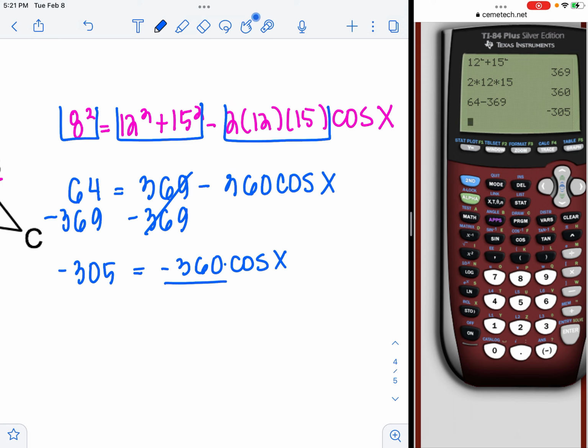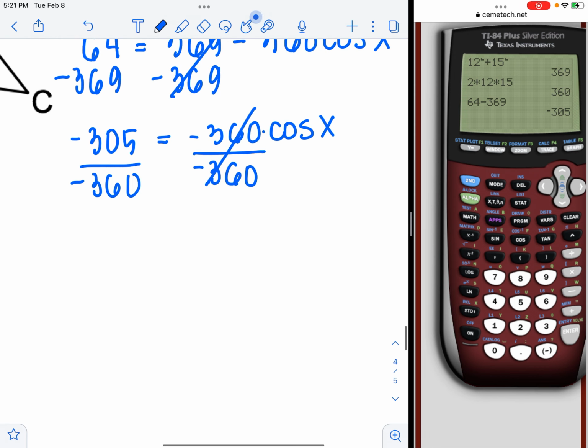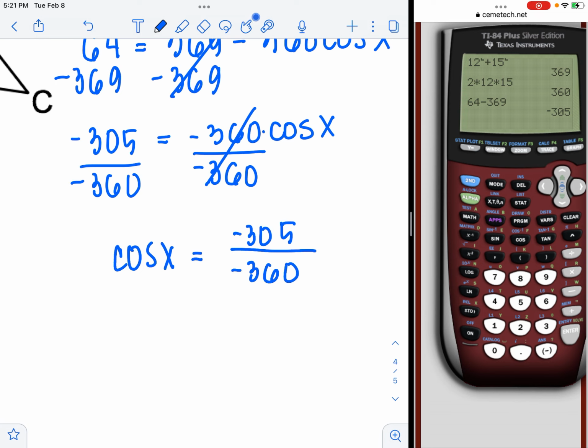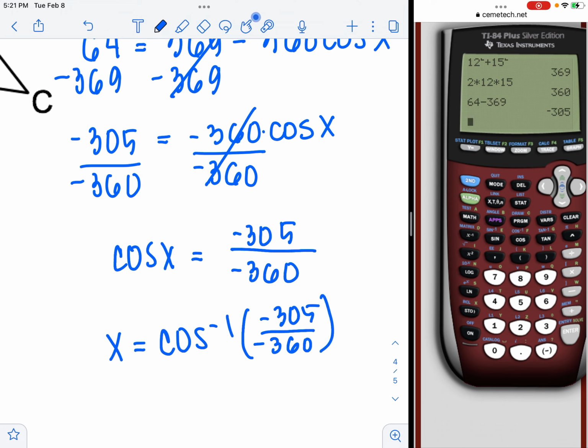Remember, there's multiplication here. Get rid of that negative 360 by dividing. Don't put it in your calculator yet. You have cosine of x is equal to negative 305 over negative 360. To get rid of cosine, I use cosine inverse. So I'm going to cosine inverse both sides, and I have cosine inverse of negative 305 over negative 360.